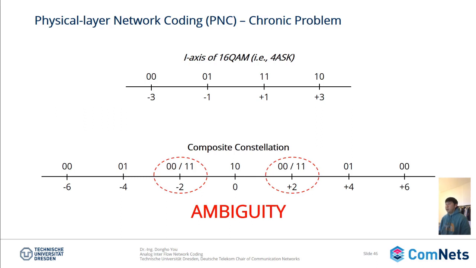However, there are some ambiguous constellation points. For instance, let's see the -2 here. For the -2, there are 2 cases: -3 and +1 is -2, right? And -1 and -1 is also -2, right? So symbol -3 is binary 00, and +1 is binary 11. When we do the XOR operation, it's binary 11, right?